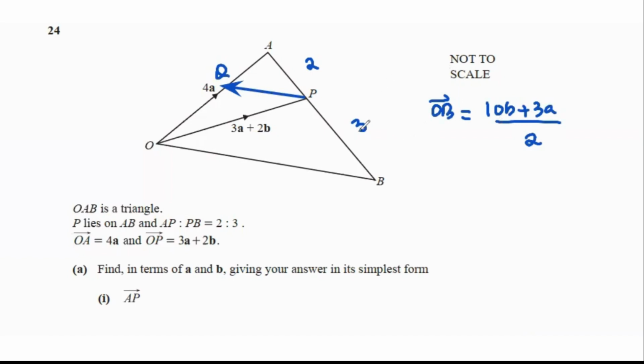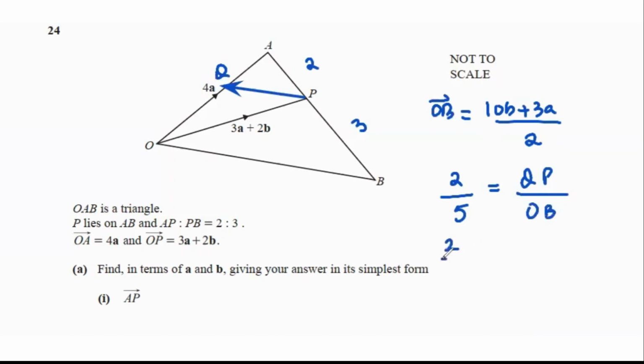So if we compare these lengths, 2/5 is equal to QP over OB.